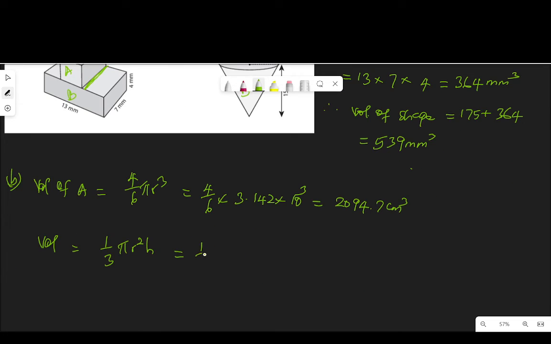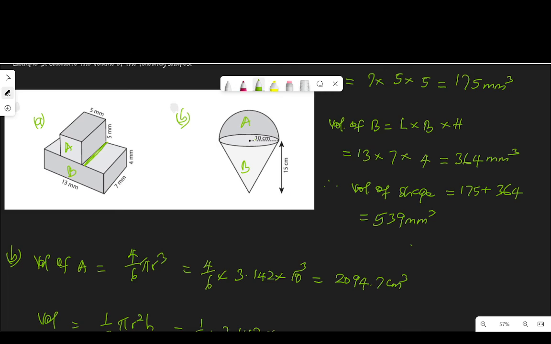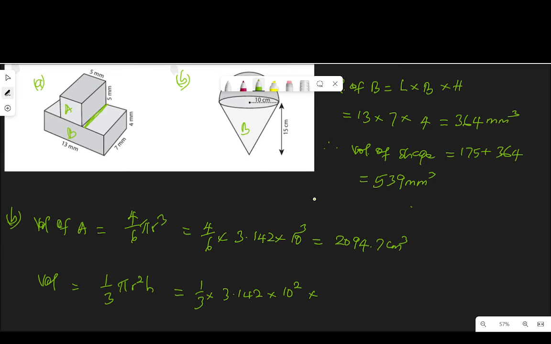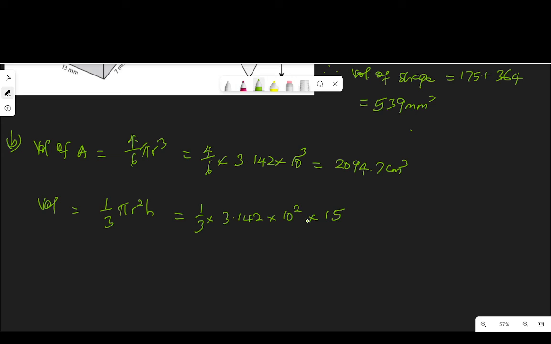So I'll have 1/3 multiplied by 3.142 multiplied by the radius, which is 10 centimeter, squared, multiplied by the height, which is 15. 10 squared is 100. So 100 times 15 is 1500, then multiplied by 3.142.